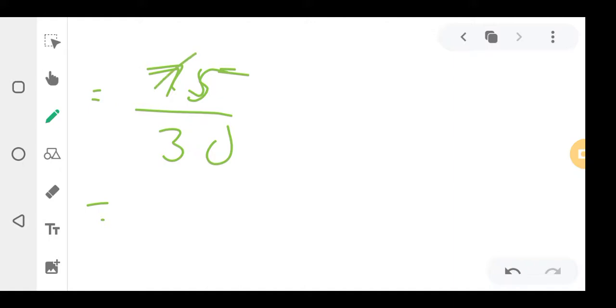3 into 7, it goes 2. Remainder 1. 3 into 15, it goes 5 over. 3 into 30. 3 into 30 is what? 10. Okay? What is 25 divided by 10? 25 divided by 10, what's the answer? I'll write beside the answer. 10 into 25, it goes 2 times.